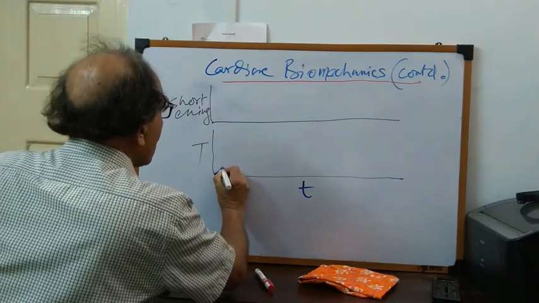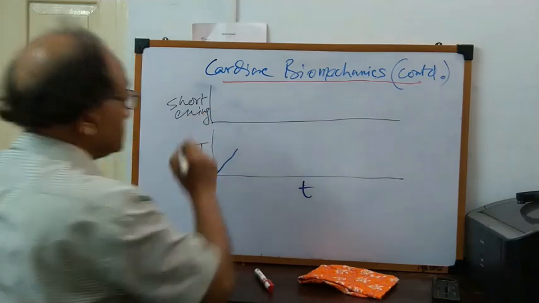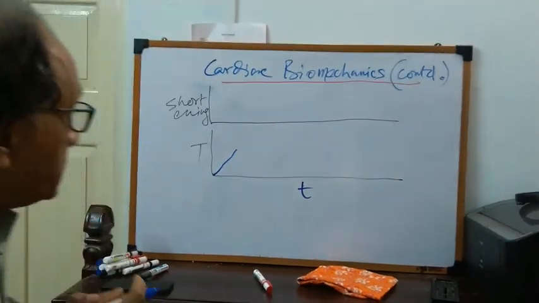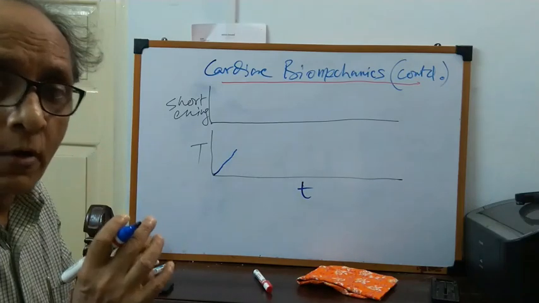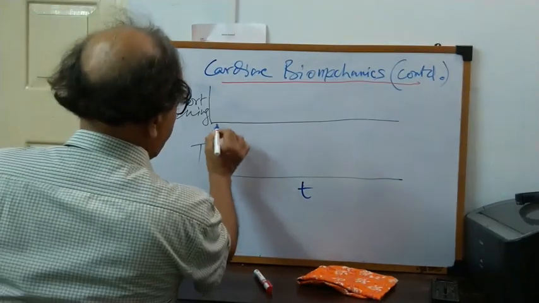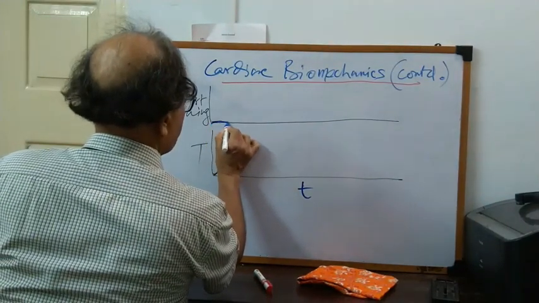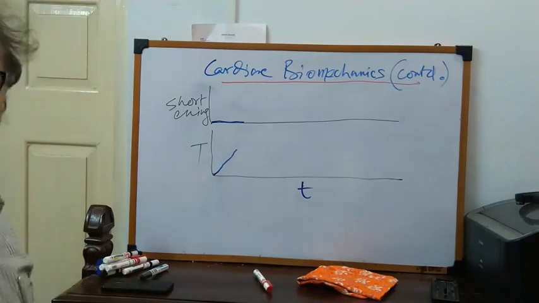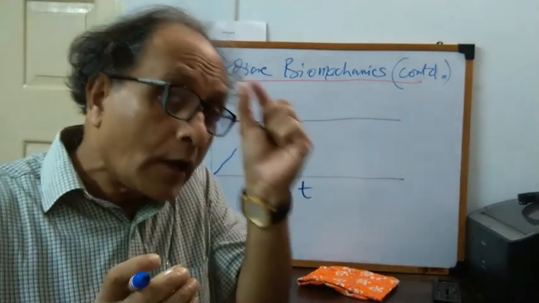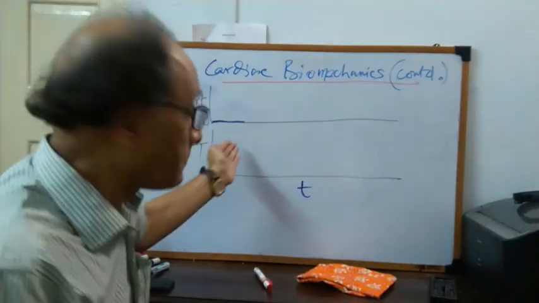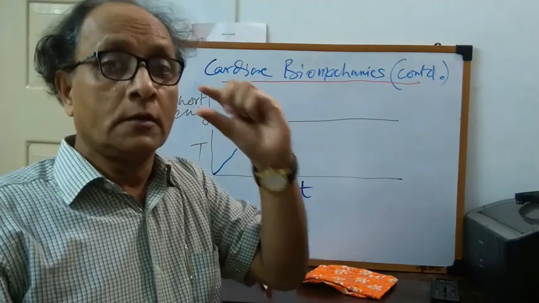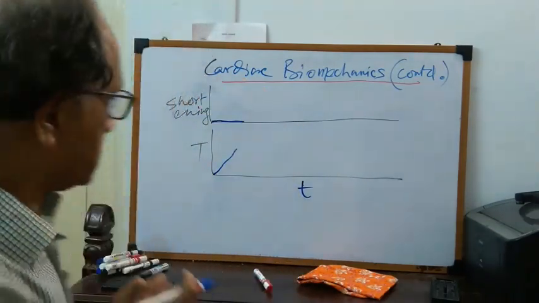There is a gradual build up of tension, whereas during that time there is no shortening, because this duration is of isometric contraction.